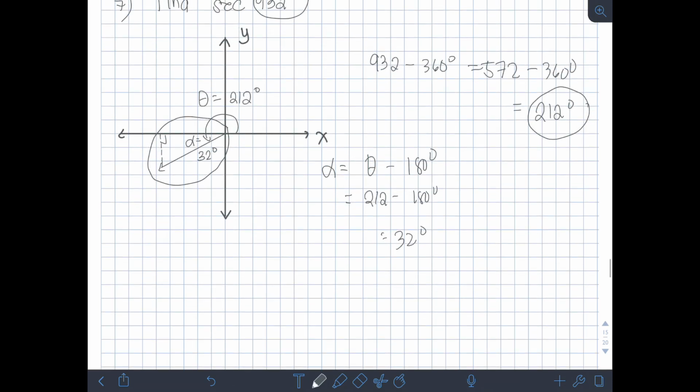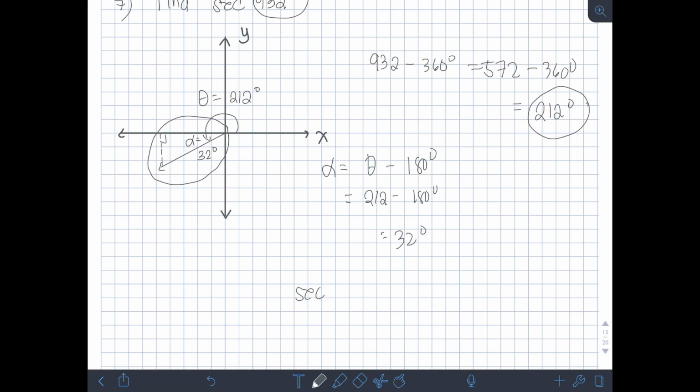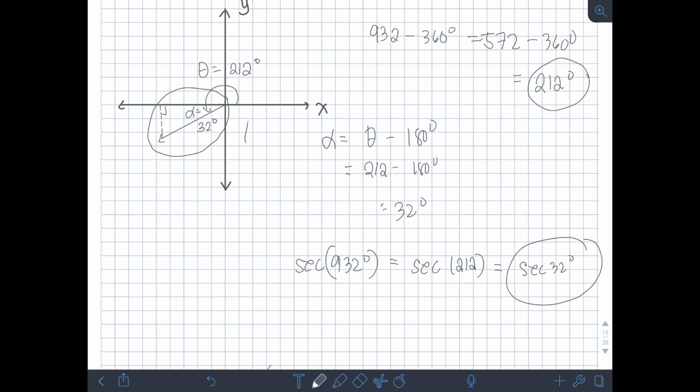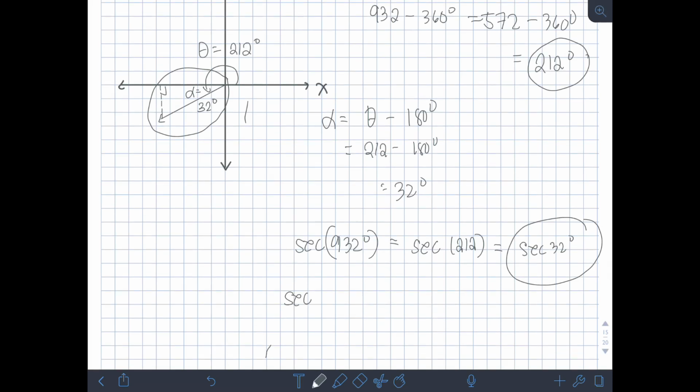So, therefore, itong secant 932 degree is equal sa secant, yung coterminal angle na nakuha natin is 212, which is equal din dito sa reference triangle natin na secant 32 degree with respect dito sa reference triangle natin. Okay, so since yung definition natin for secant theta is reciprocal siya ng cosine theta, diba?